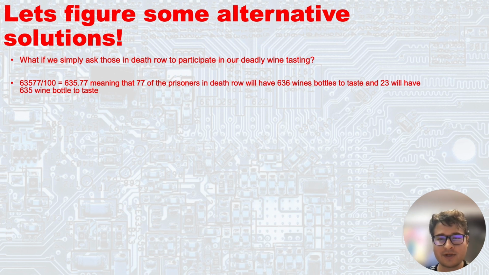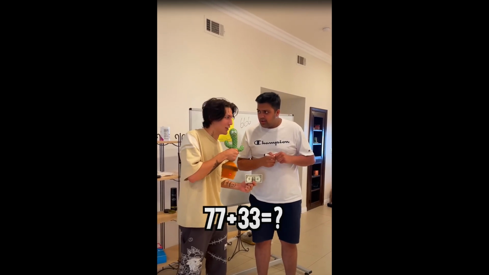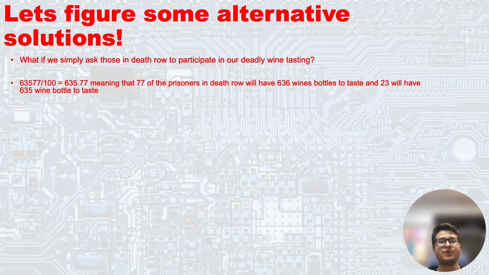So you have to guess that number. What is 77 plus 33? 100! Okay, people, so it turns out that 77 plus 23 is 100, as opposed to the popular belief that 77 plus 33 is equal to 100, okay?